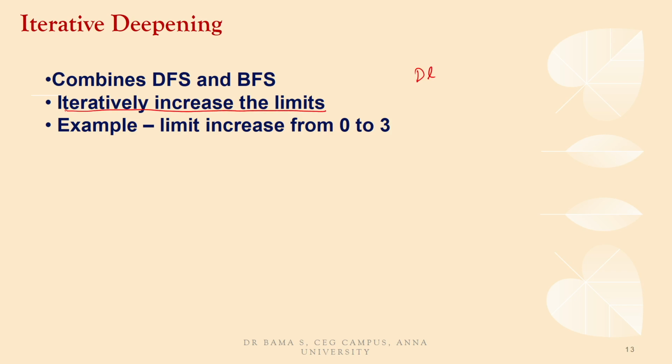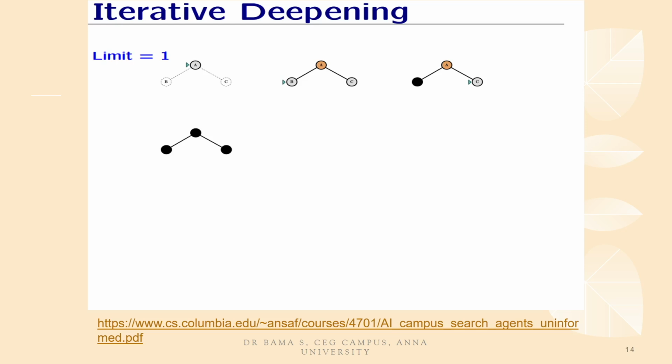Now, at each step the limit will increase until the goal is found. I am going to give an example in the next slide, where we increase the limit iteratively from 0 to 3. This example is again from Russell and Norvig. Assume that this is a binary tree where we have A, B and C.